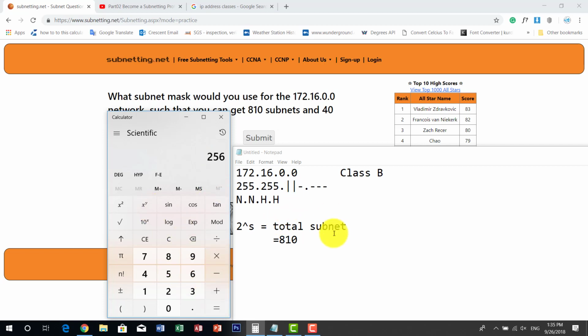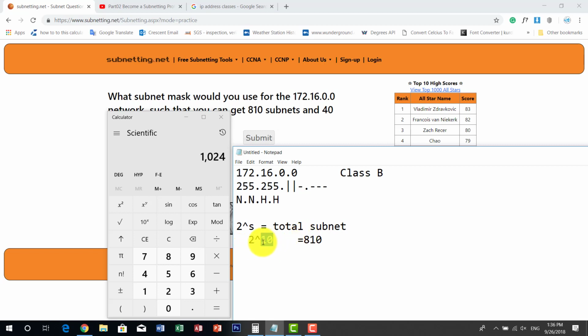8 is equal to 256, which is not near our number. So we try 2 power 9, 512, still not the number we want. So 2 power 10, it's 1024. So we can say 2 power 10 is the subnet number.